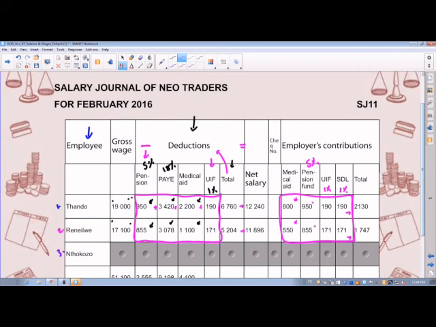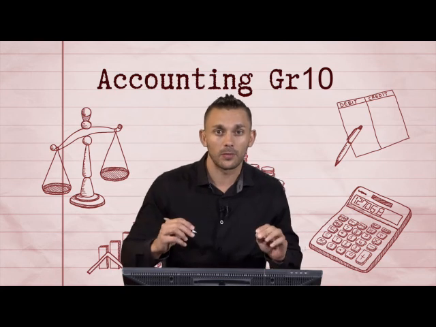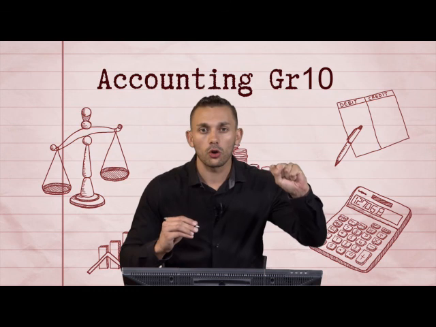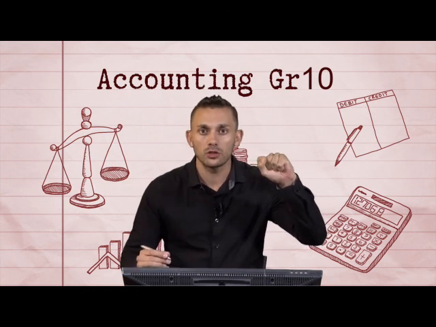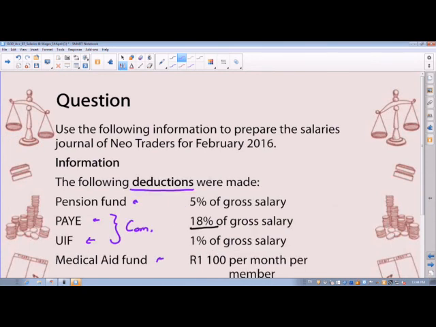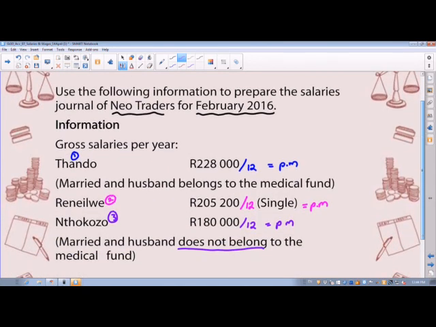Now, guys, I'm going to quickly give you 1 minute to complete Ntokozo. Remember, work out your gross salary. What was Ntokozo's gross salary? Let's go and see, before I leave you with a question. It was 180,000 Rand per year, so I need to calculate the monthly amount.